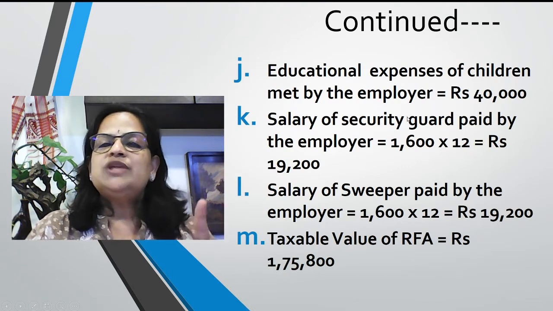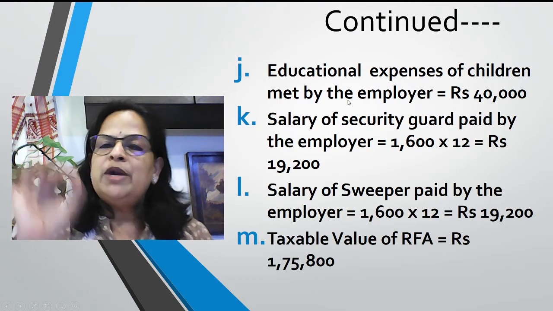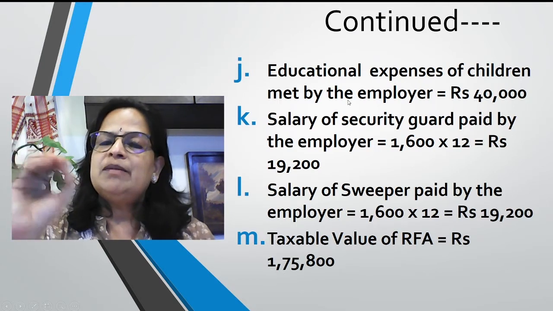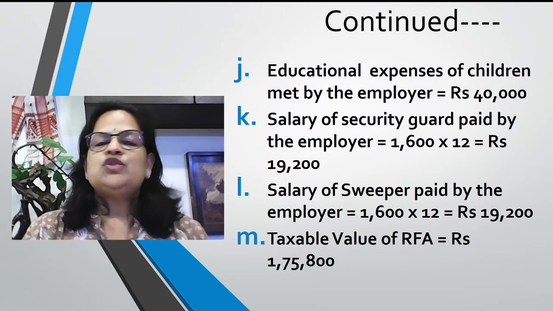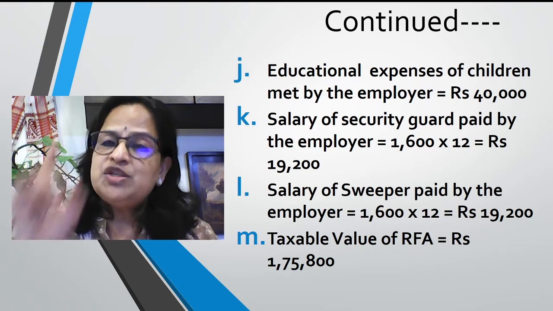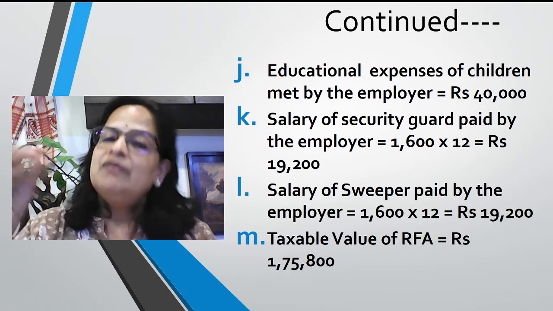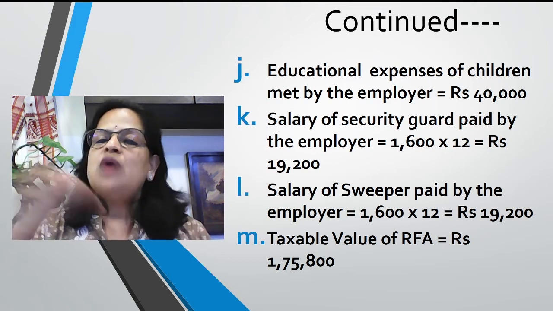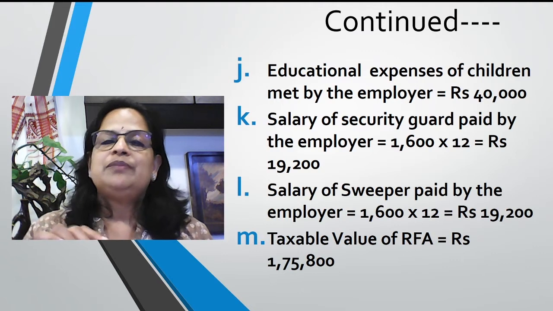Now, educational expenses of the children. It's not educational allowance. See, if you change one word, it can change the computation of income tax problems. It is not educational allowance. So far we have done educational allowances. This is educational expenses, our children's education expense. The employer is paying that, so our obligation is met by the employer, fully taxable, 40,000.